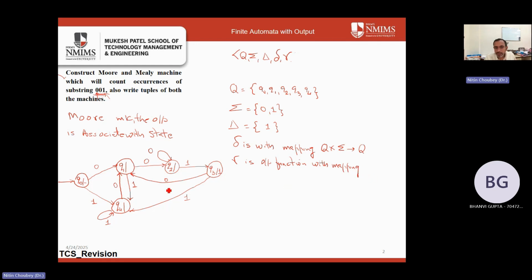Now what mapping do we have? Output is associated with state. So Q gives output, represented by this output symbol. So this is delta, gamma, and the initial state from where we're starting. Here Q0 is our initial state.